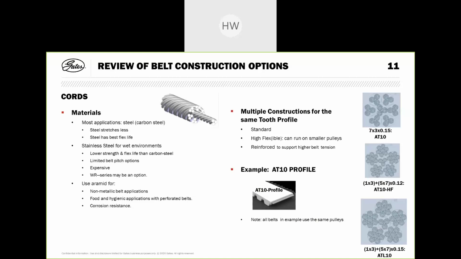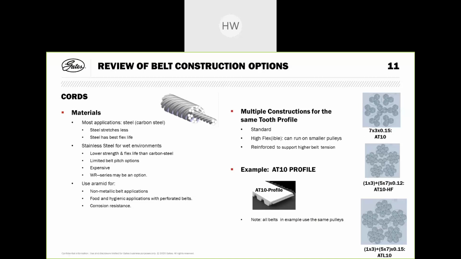For the steel cord, we have multiple opportunities to use different constructions. And we have a typical example here with the 8010 belt. So the 8010 belt, we have various options of steel cord within the same dimensions and geometry of the basic belt. So our standard steel cord has a design of what we call 7 by 3 by 0.15.